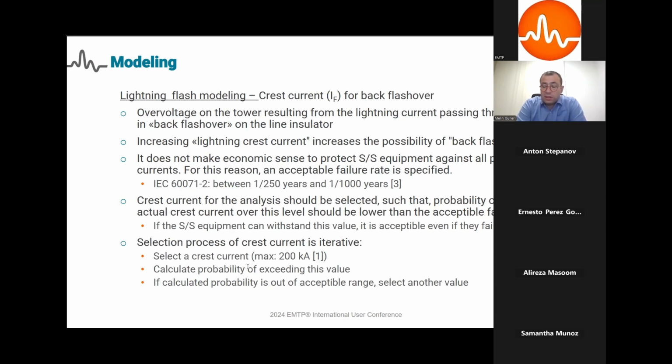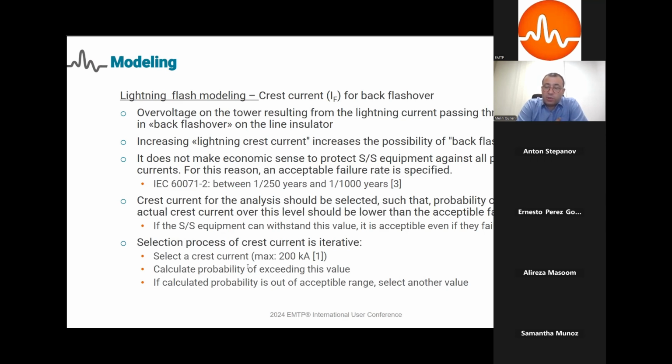So the tower attains a high potential in comparison to the ground, while the power line, that's the line conductor, is not very much affected by this lightning strike. Therefore, there is a voltage difference between the line conductor and the normally grounded, normally zero potential transmission line tower, which attains a very high potential in case of a lightning strike.